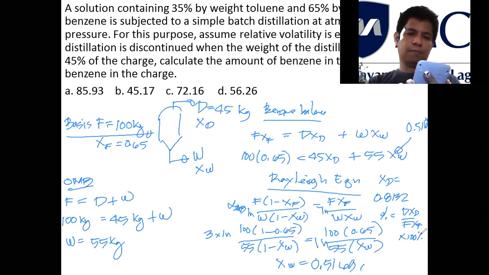D is just 45. Tapos, 100 times 0.65. Okay, so times 100%. So I have 56.26. So that's the answer, 56.26. Letter D.